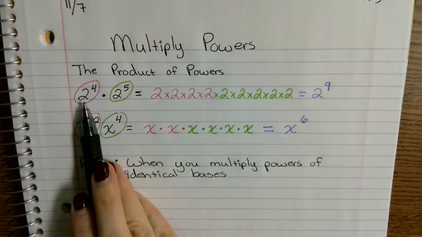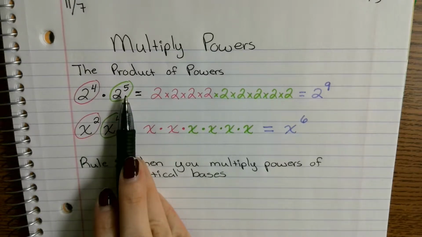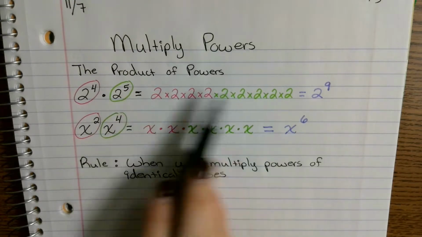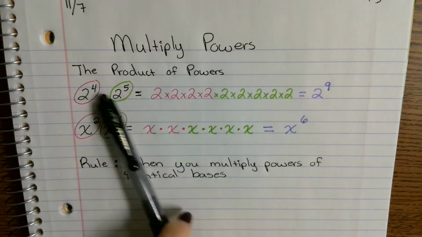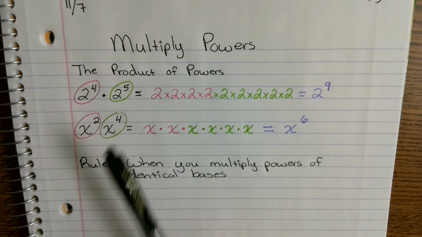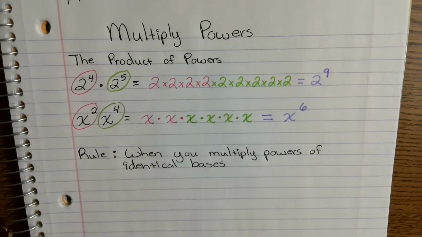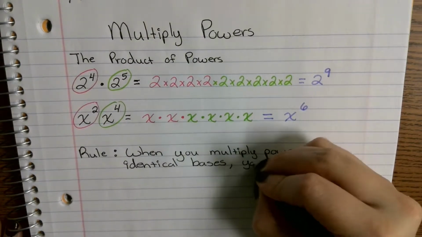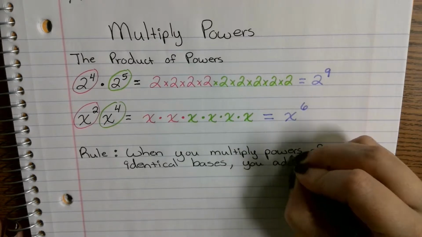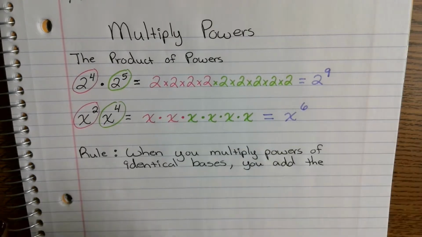If this was 2 to the 4th and 3 to the 5th, then I wouldn't be able to combine those exponents together because they're not the same base. It's kind of like when you're adding fractions, you have to have that common denominator. It's the same thing. If you're wanting to add those exponents together, you have to have the common base. Okay? So when you're multiplying powers of identical bases, you add the exponents.